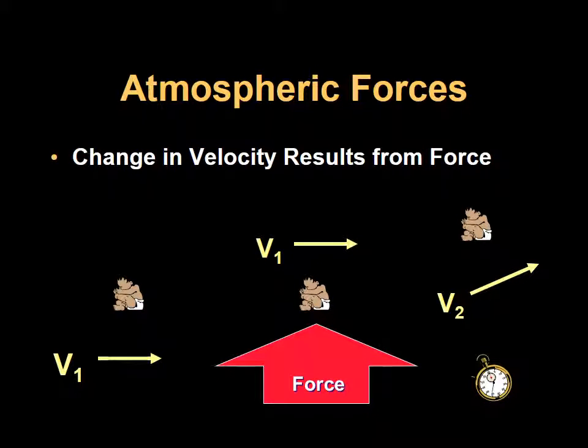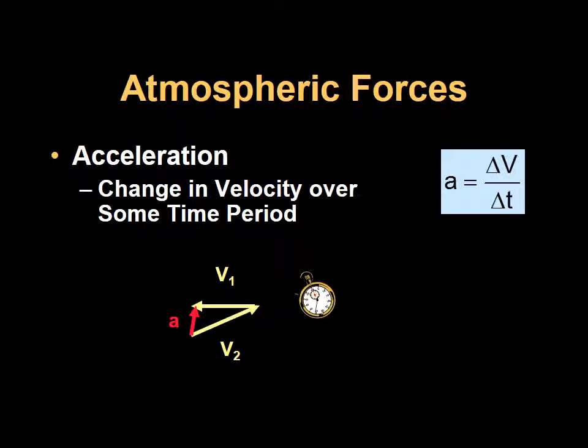So we had a body that was moving along unaccelerated, a force was applied to it, and as a result we saw a change in the direction of that body. In other words, the velocity changed because of the force. So whenever we have a change in velocity, that means that we saw an acceleration, at least that body experienced an acceleration.